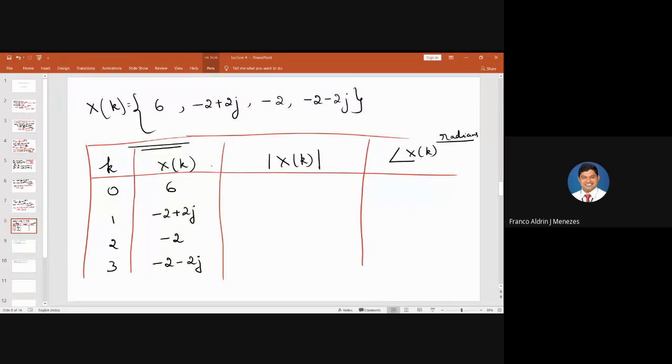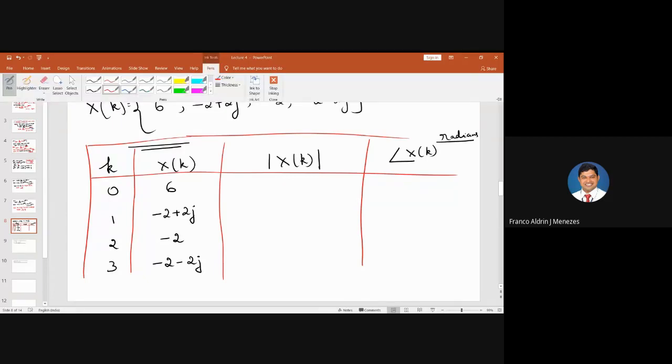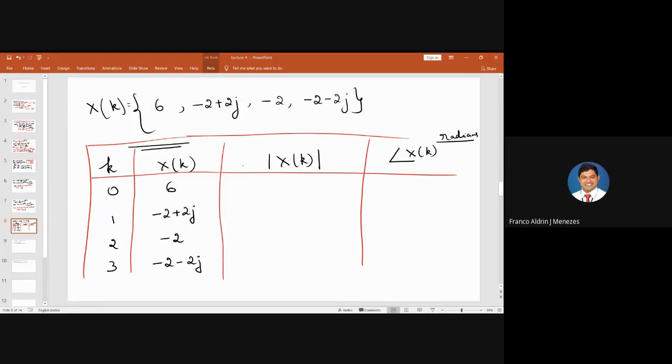Okay, what is the magnitude of the first when k is equal to 0 for this particular case? What is the magnitude?